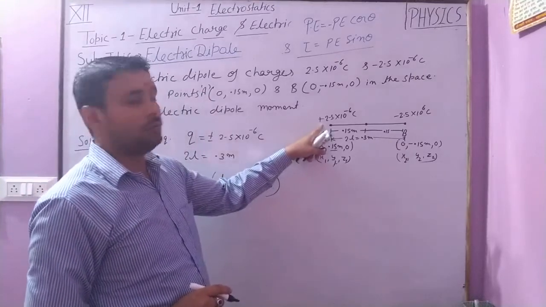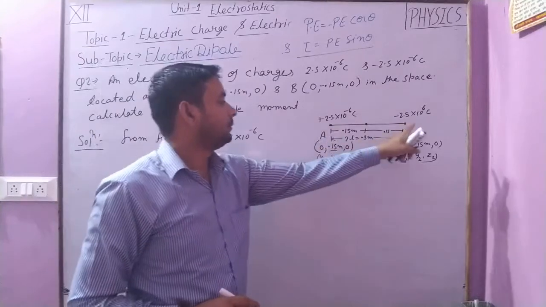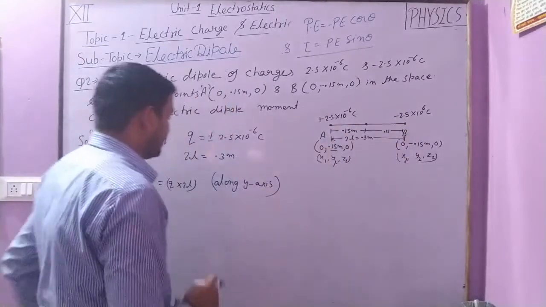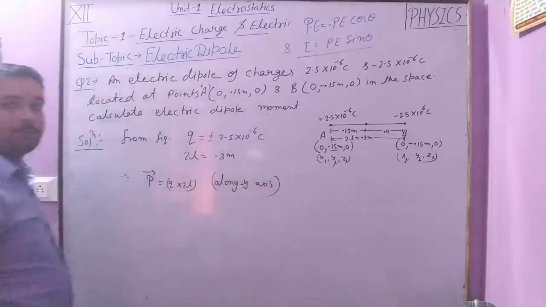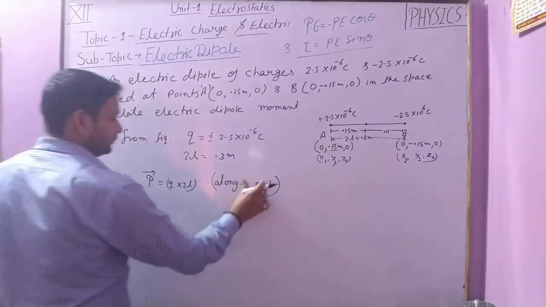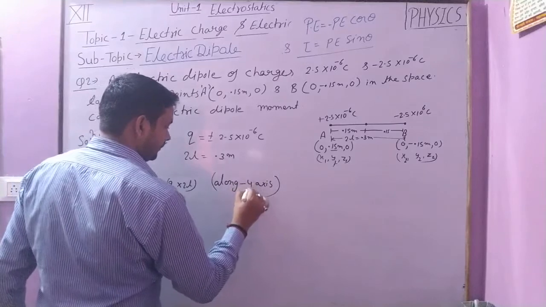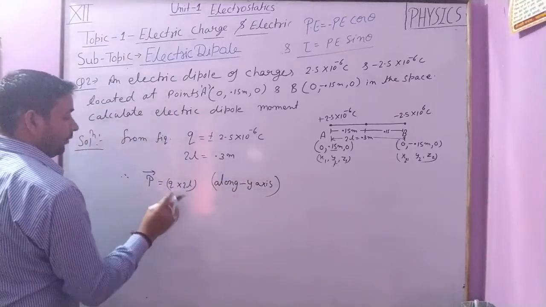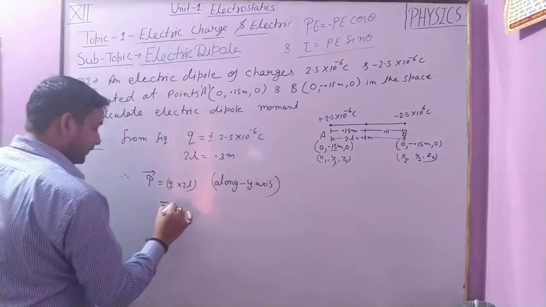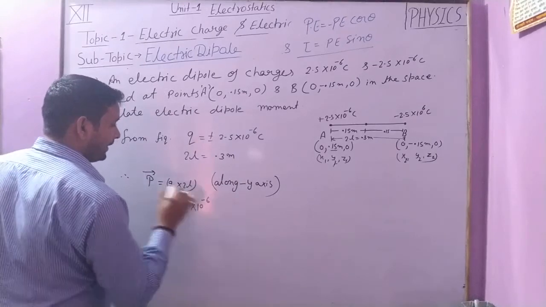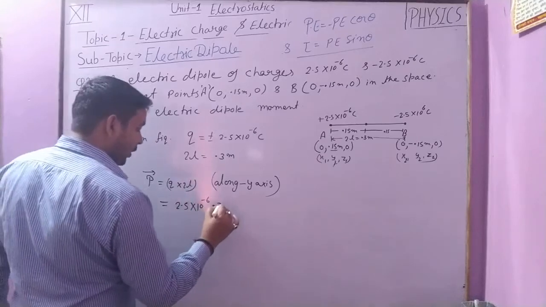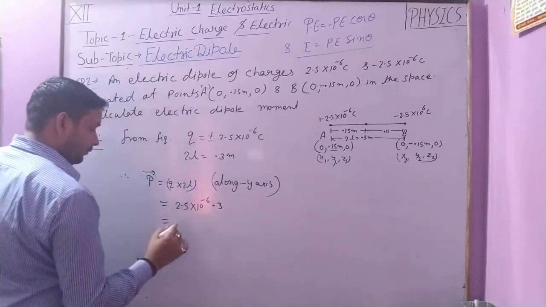Positive at A and negative at B, which means along the negative y-axis. Clear? Now the value of Q, any of the two, we are using 2.5 into 10 to the power minus 6, and 2L is 0.3.